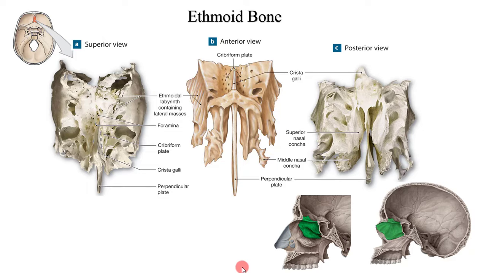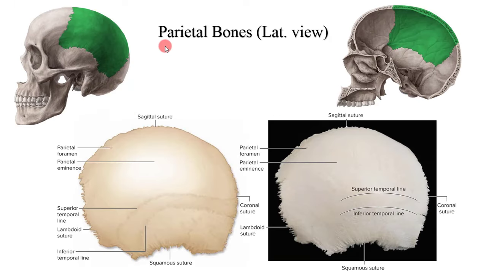Now let's move on to another bone that you can see on the lateral side of the skull, the parietal bones. The right and left parietal bones form the lateral walls and roof of the cranium, so they form the major part of the calvaria.